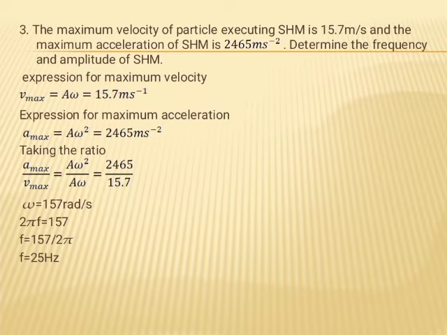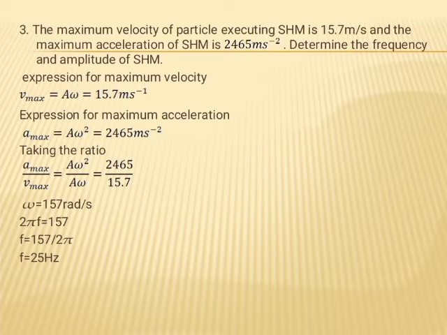The technique we use here is to take the ratio between acceleration and velocity, so A omega square divided by A omega. After cancelling, what remains is omega, which is equal to 157 radian per second.